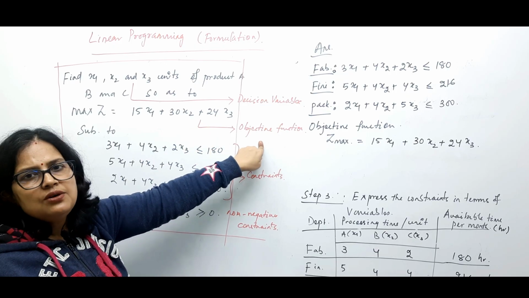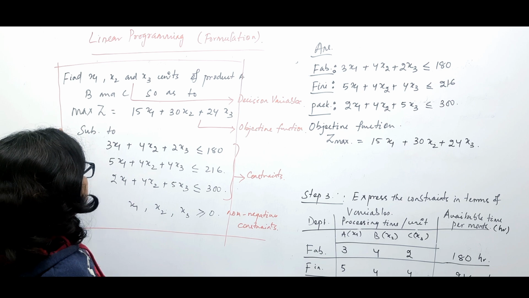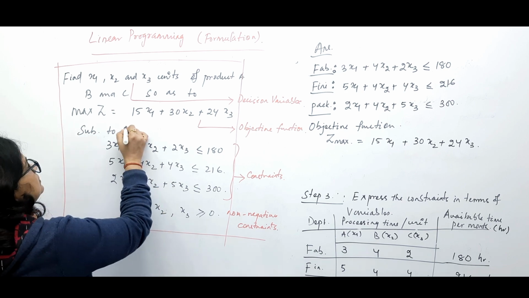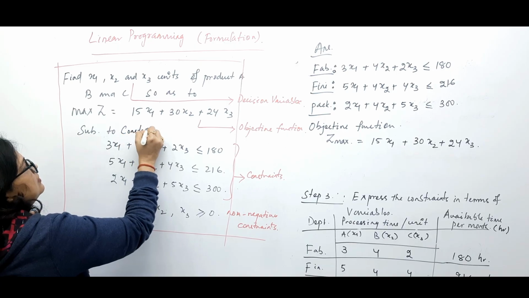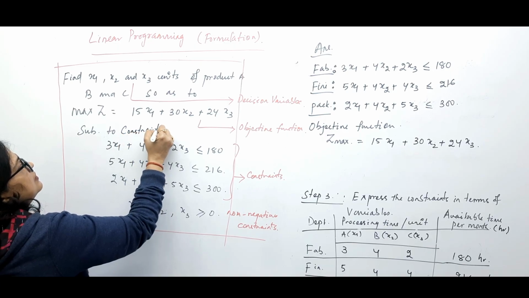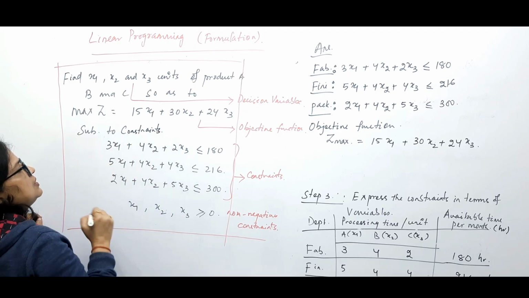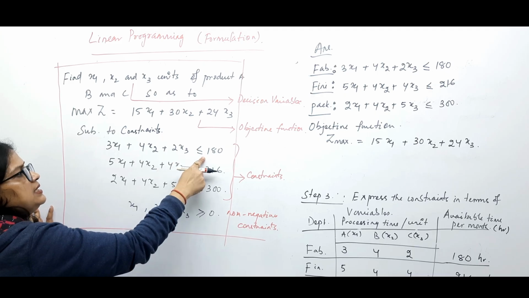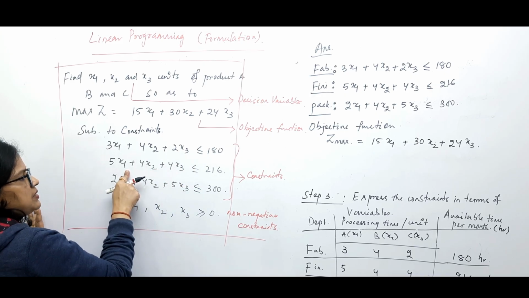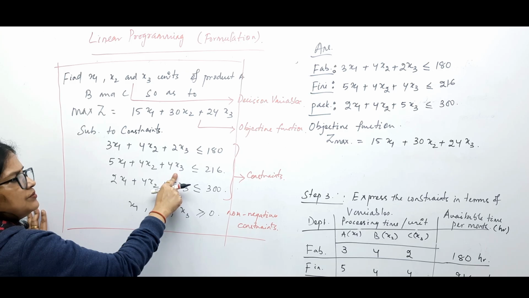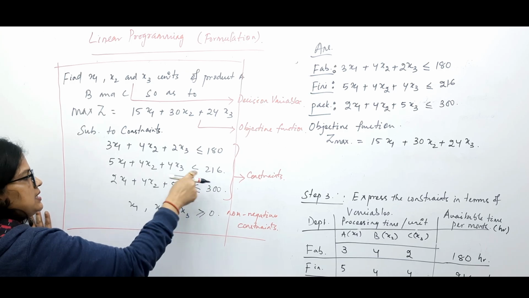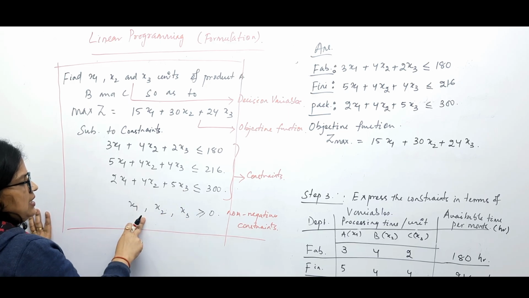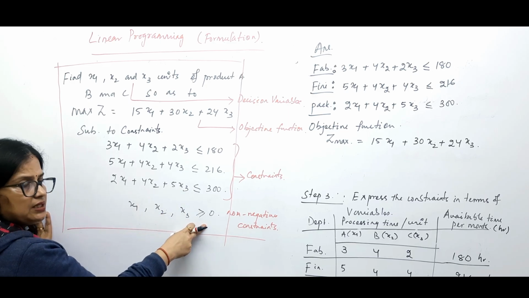This is the objective function. Subject to the constraints: 3x1 plus 4x2 plus 2x3 less than or equal to 180; 5x1 plus 4x2 plus 4x3 less than or equal to 216; 2x1 plus 4x2 plus 5x3 less than or equal to 300; and x1, x2, x3 greater than or equal to 0.